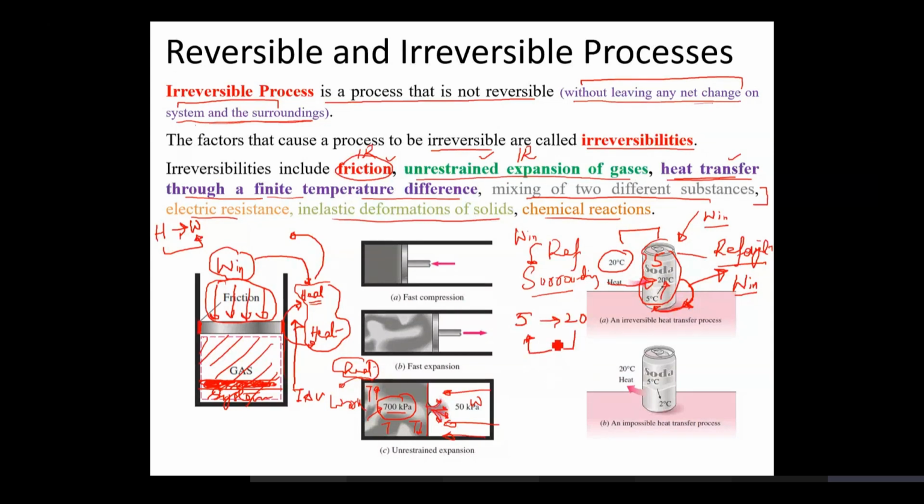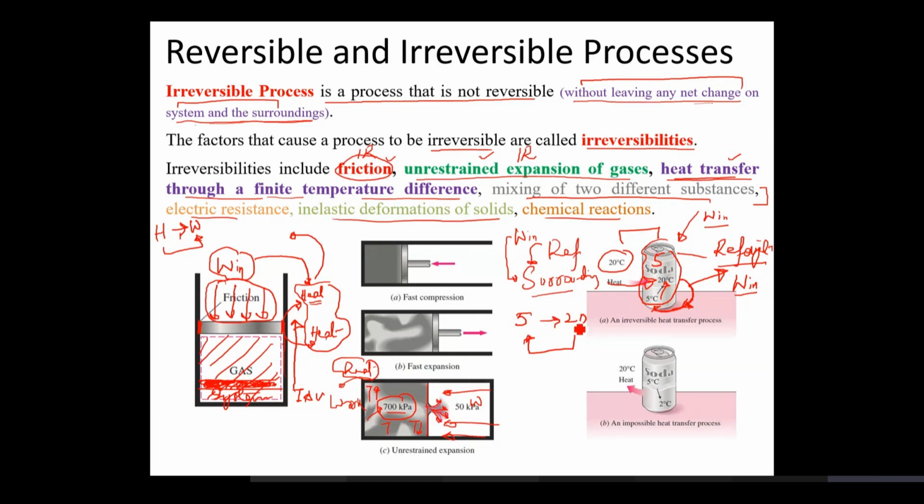The system, which is your soda can, gets back to the original condition. But are the surroundings back to the original condition? No. There has been work involved, which is unaccounted for. Since your surroundings cannot come back to their original condition, you would recognize this as an irreversible process.